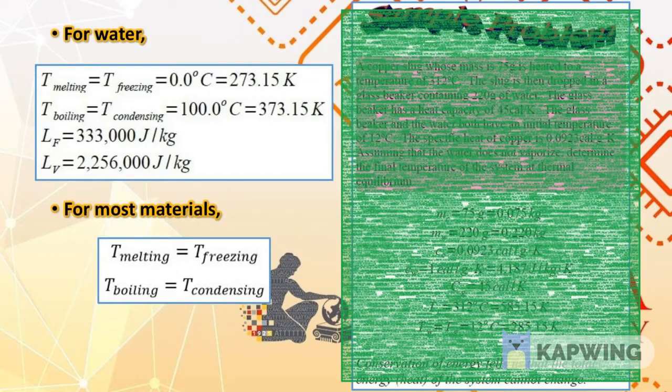For water, water being a common substance, please take note of the following. Please memorize the following values. It is recommended. The melting point of ice and the freezing point of liquid water are both equal to 0 degrees Celsius or 273.15 Kelvin.